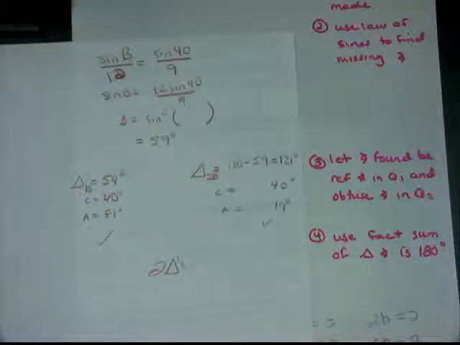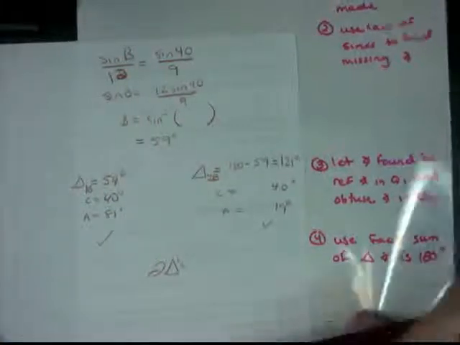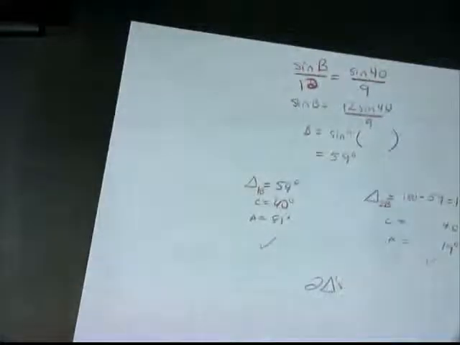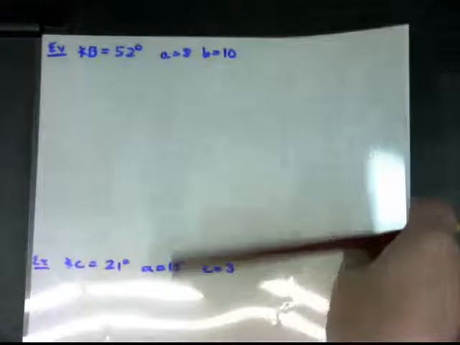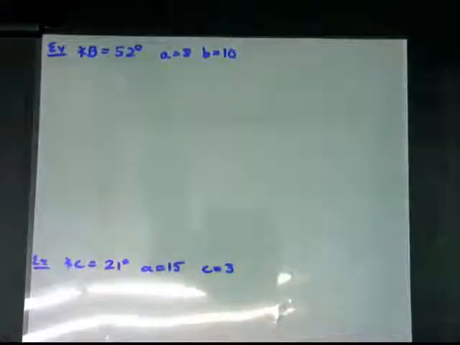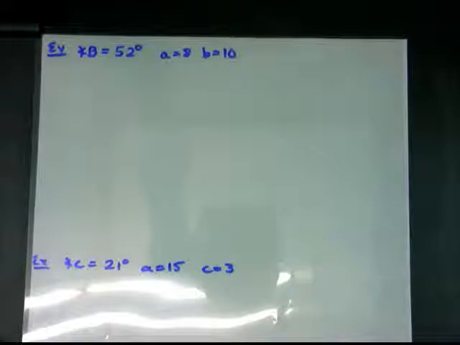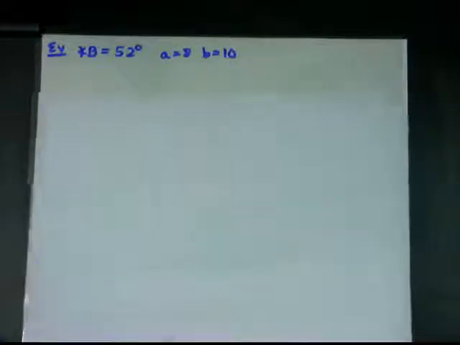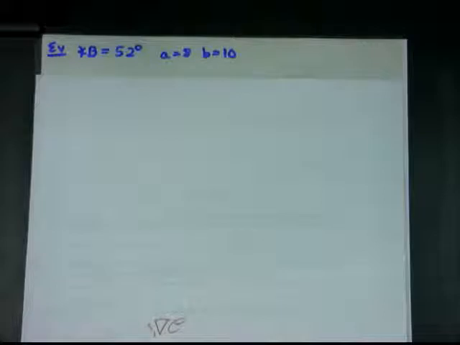All right, so let's try another one. If I tell you angle B is 52 degrees, side A is 8, and side B is 10, I want to determine: are there two triangles, one triangle, or no triangles?